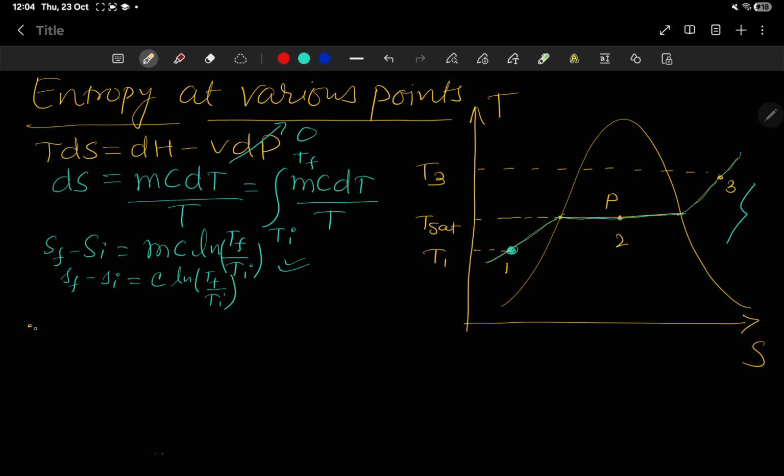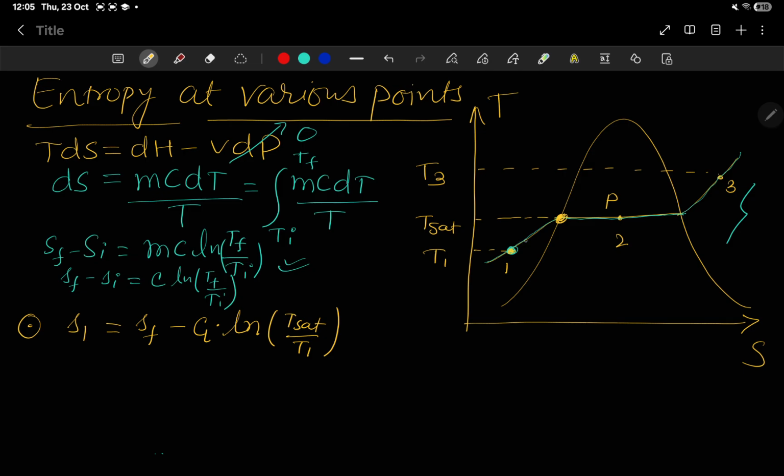Let's write for 1. S1 will be Sf, and if we want to come to this point, this will be Sf minus C liquid into ln, keep this quantity greater than 1, Tsat upon T1.